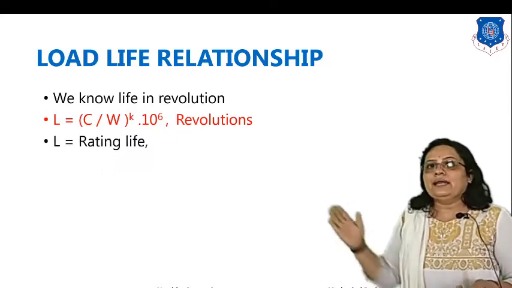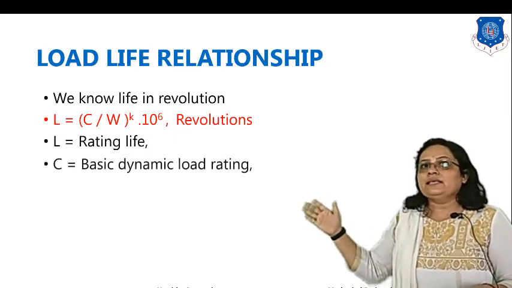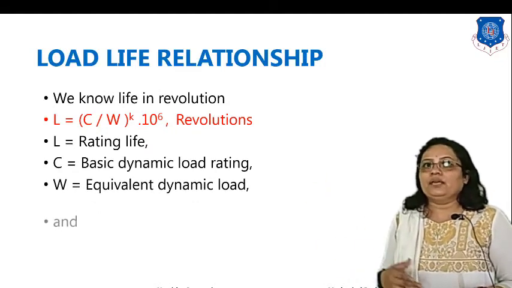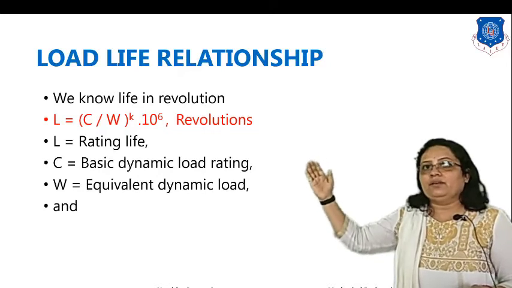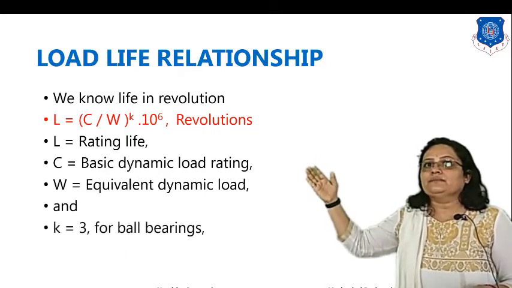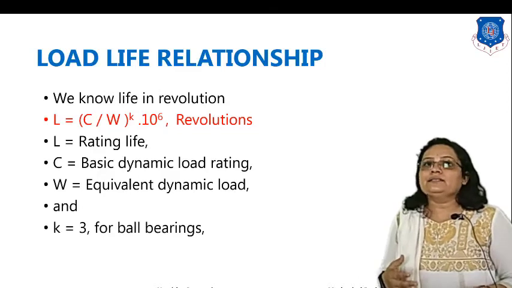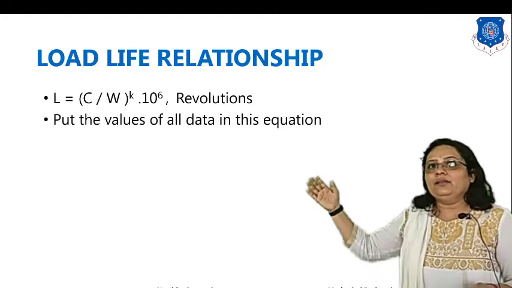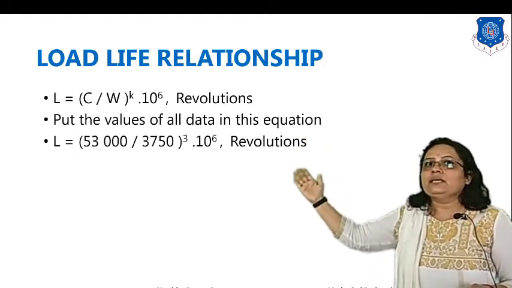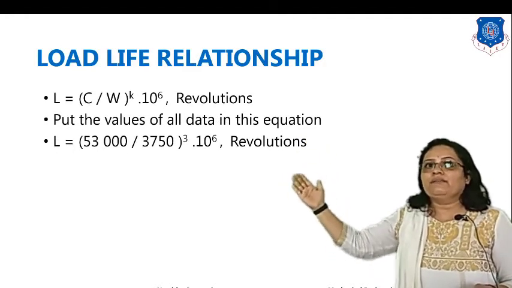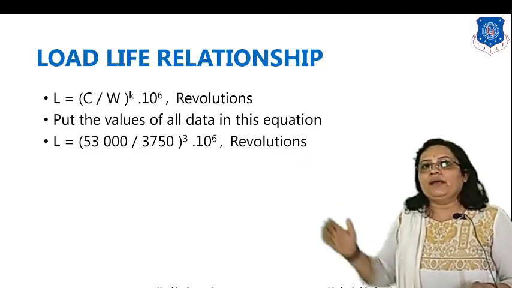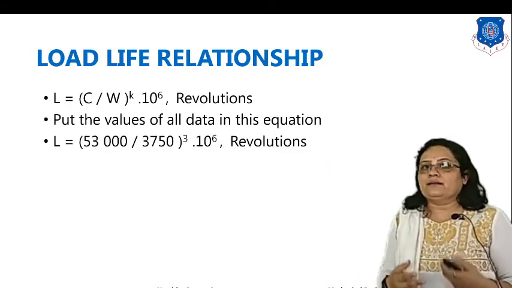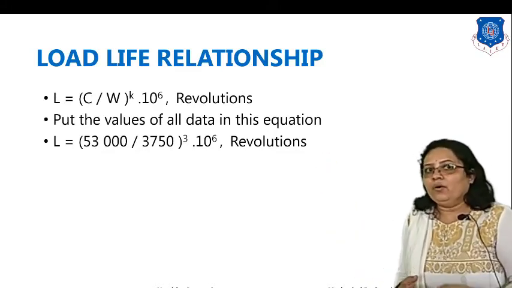Okay, so L is equal to rating life, C is equal to basic dynamic load, W is equal to equivalent dynamic load. Okay, so we will put all values. C is already given as 53,000 newtons, and K is equal to 3 here for ball bearing, right? So we will put all values in this equation. C is equal to 53,000 Newton divided by W. W we have found out as 3750, to the power 3 because we are considering this is the case of a ball bearing, right?